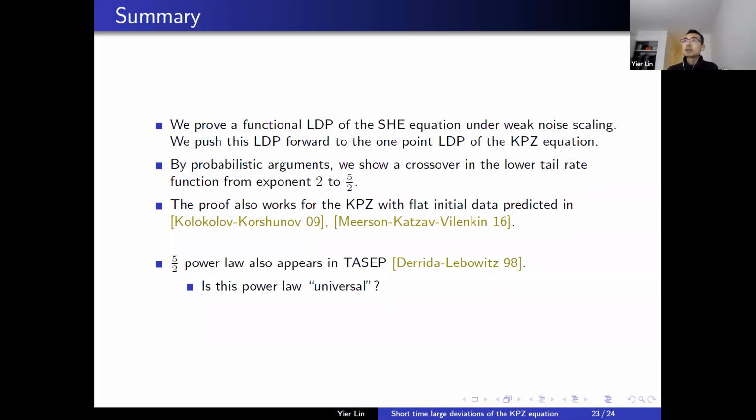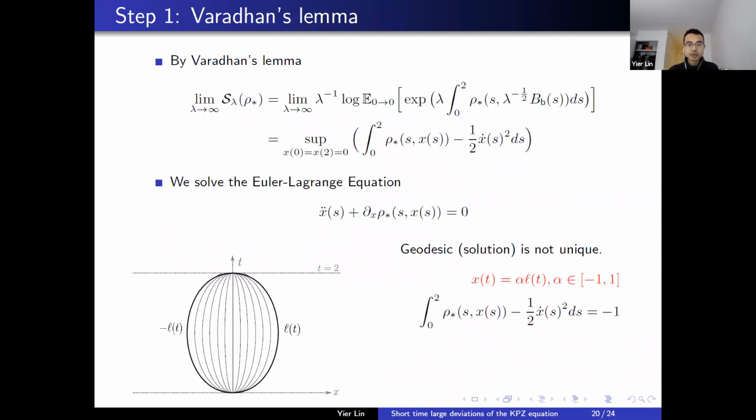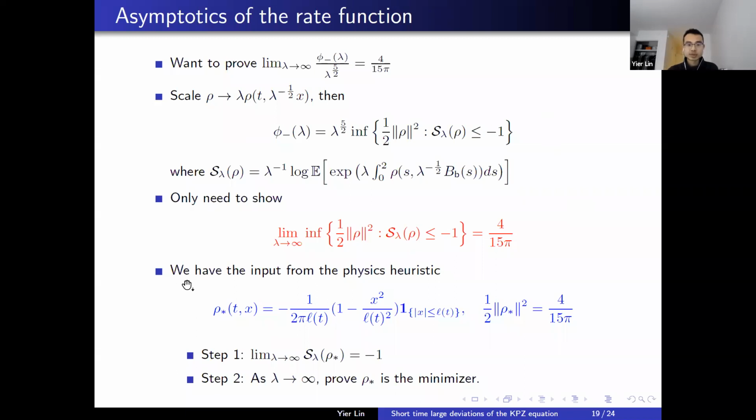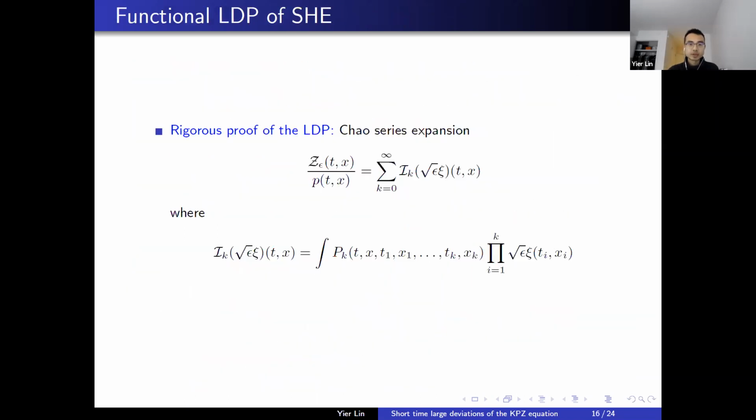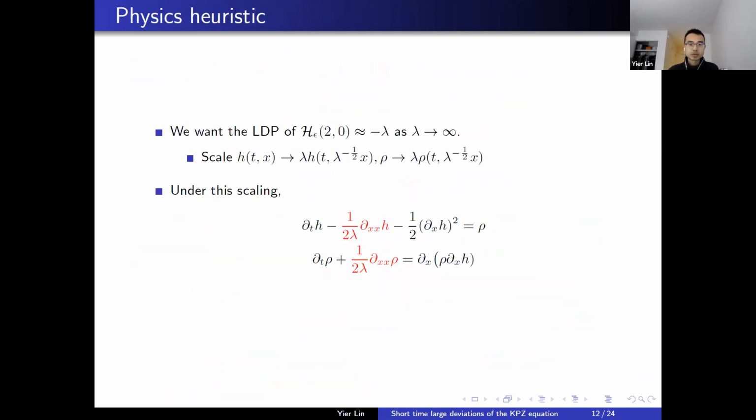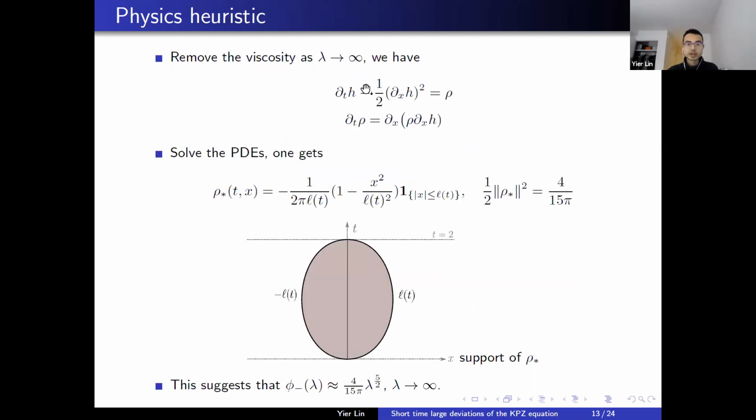It's maybe also possible to do with Brownian motion, so you start the KPZ equation from Brownian initial data. But the key behind the proof is, as I mentioned, that you really need to understand what this rho star is. This rho star comes from the physics heuristic, which corresponds to solving a pair of PDEs here. This pair of PDEs has certain boundary conditions.